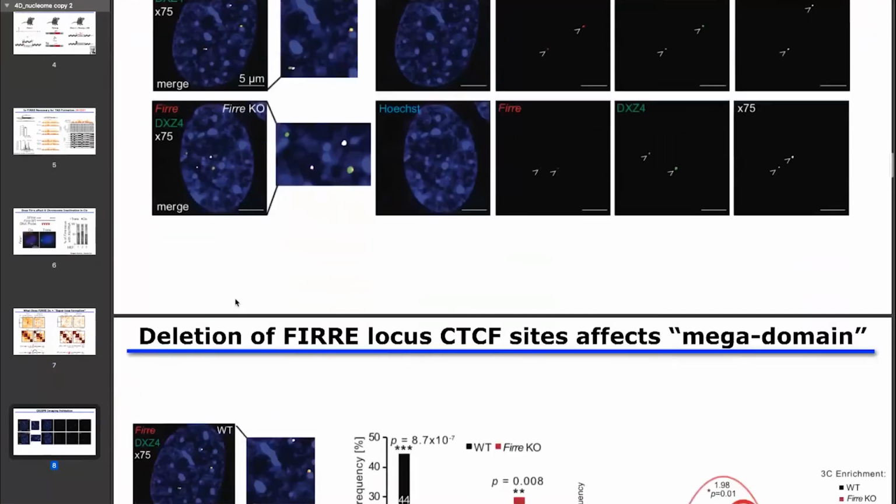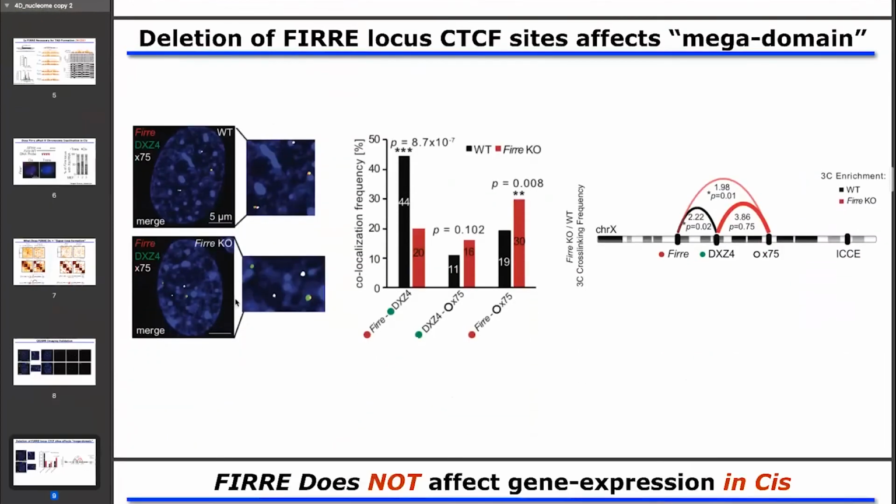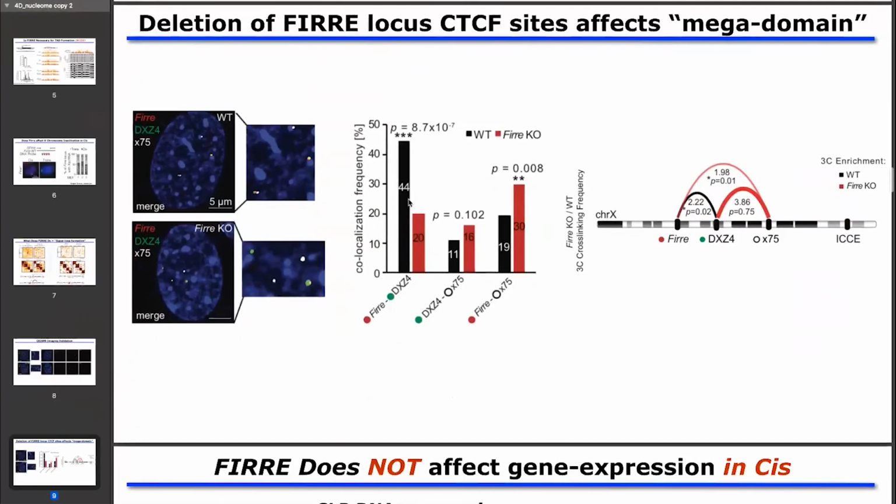It's quantified below on slide 9, where we can see that in the knockout there is a significant decrease of FIRE and X74 or DXZ4 interactions, as we'd probably expect, and an increase of FIRE or X75 and DXZ4 in the knockout.